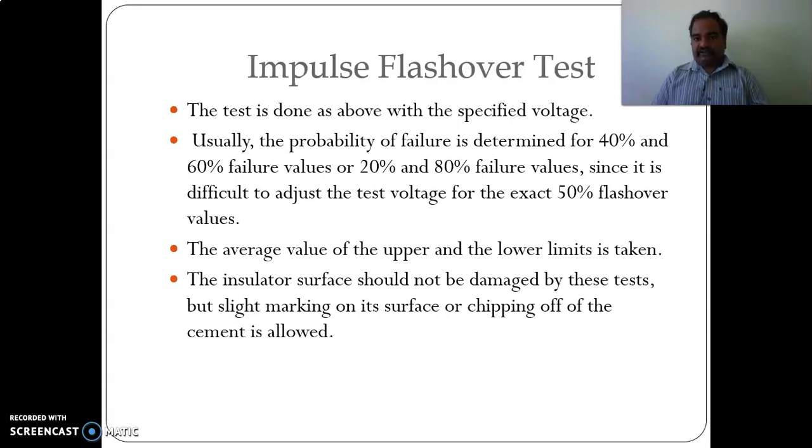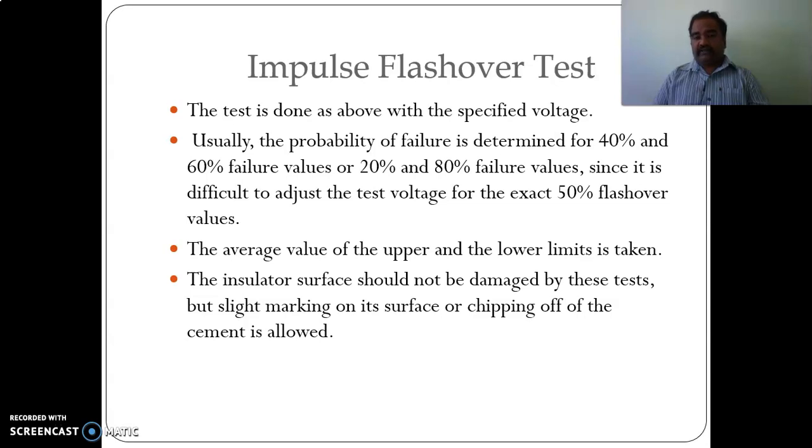the impulse flashover test. This test is also done as above, just like the power frequency test, with the specified voltages. So, when you are doing this one, the probability of failures, as I have said earlier. So, what is the probability of failure of flashover when I apply this voltage?